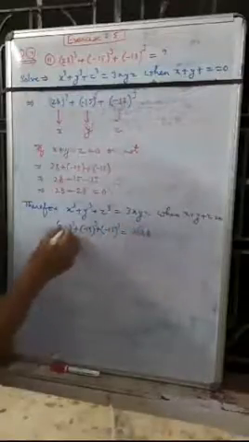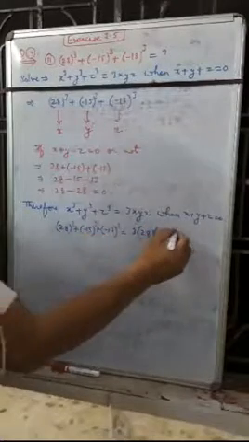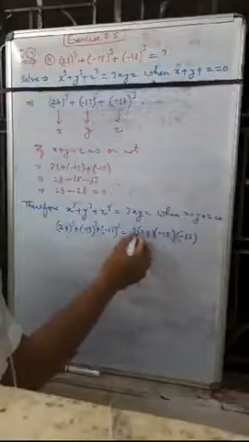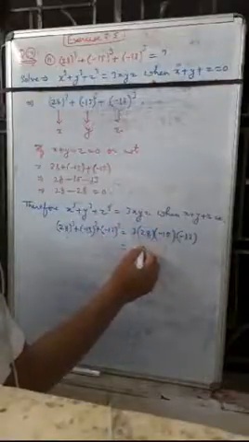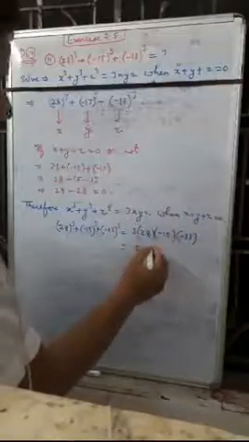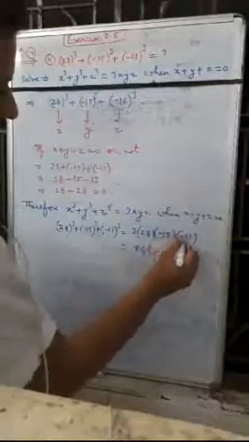The value of x is 28, value of y is minus 15 and value of z is minus 13. So we will multiply here: 3 times 8 is 24, 2 carry 3, 3 times 2 is 6, and 2 is 8, so 84. Then minus minus will be multiplied, it will become plus.